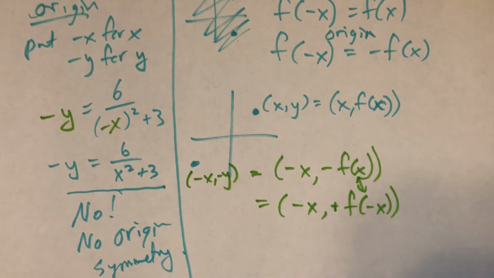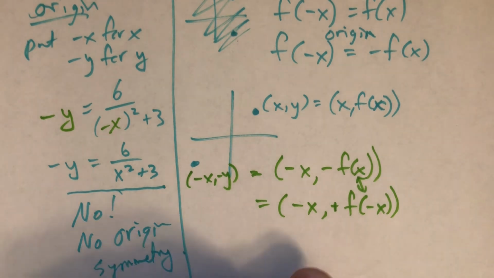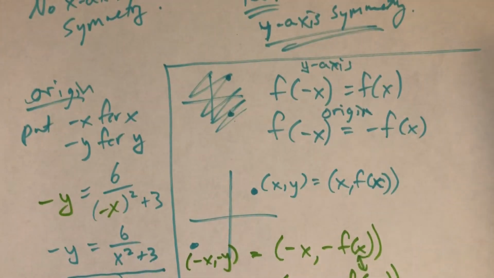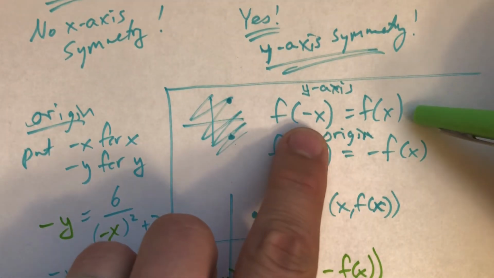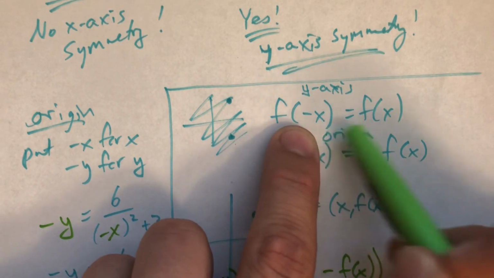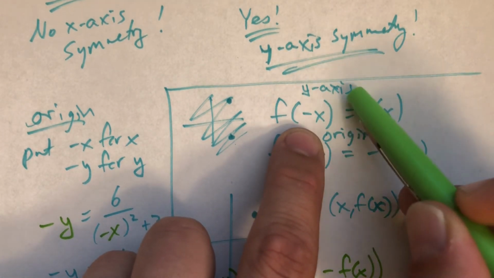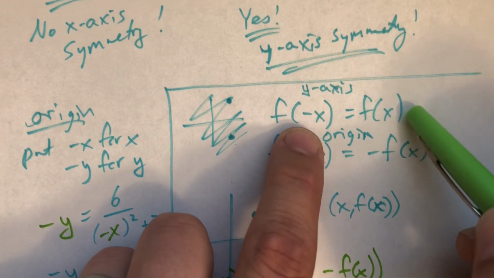So we can absolutely talk about these things, symmetry that is, independent of the function language, and sometimes it's easier to do that, but sometimes, and in this case is one of those cases, I think, it's probably easier to think about it with the function notation. So if we can show that this relationship is true, if f of negative x is equal to the original thing, then we've got y-axis symmetry.